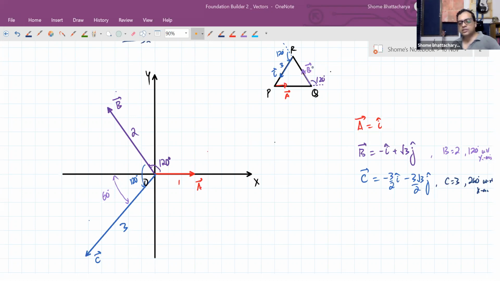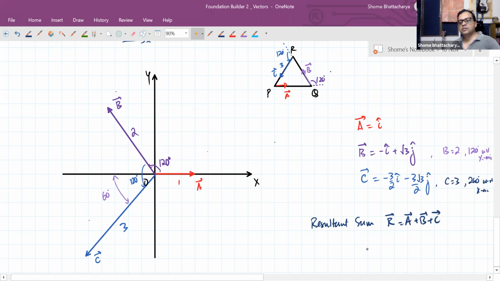So now you can see that the resultant sum R, so just add these. So you'll see it is minus 3 by 2 I cap, and this will give you minus root 3 by 2 j cap.